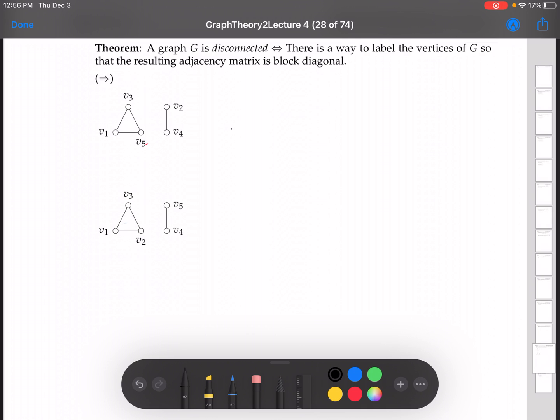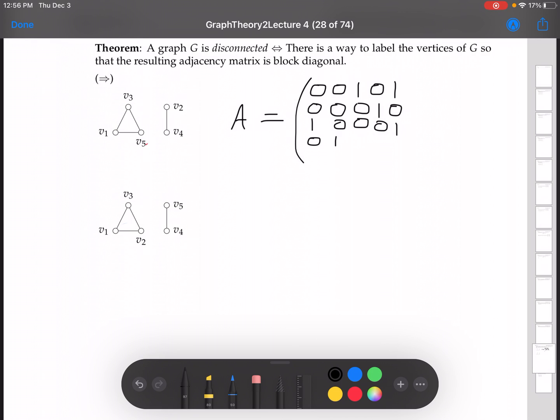So let's look at the adjacency matrix for this first one. 1 goes to 3 and 5. 2 goes to 4. 3 goes to 1 and 5. 4 goes to 2.